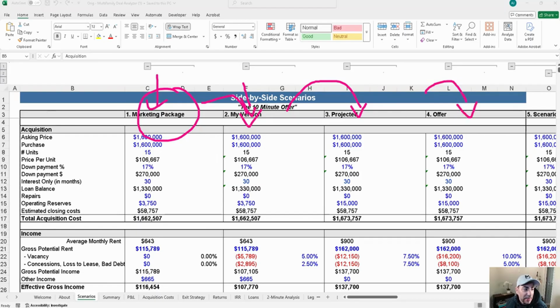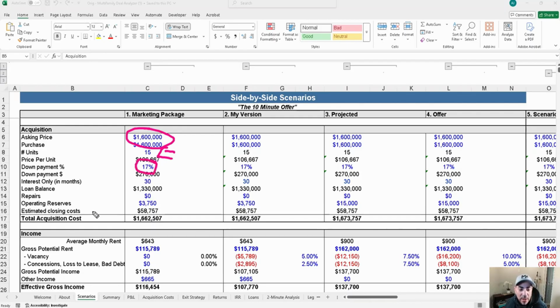So basically, these are the 4 scenarios. In this particular case, the seller is asking for 1.6 million. The property has 15 units, and these aren't apartments. These are rooms. So they are doing student housing, renting the rooms to students.